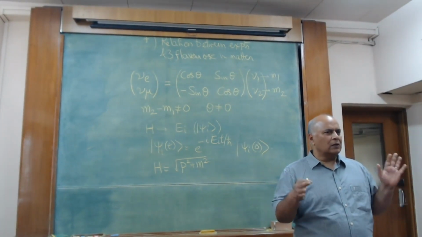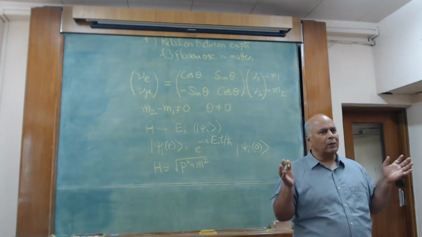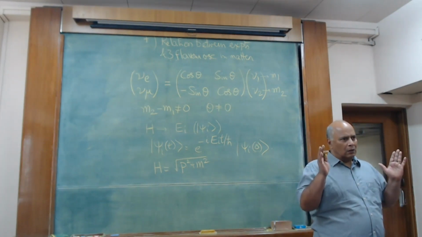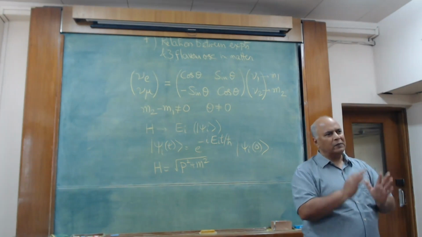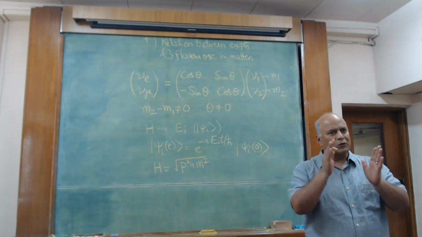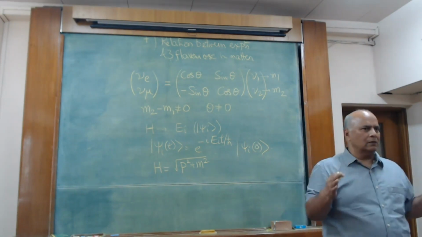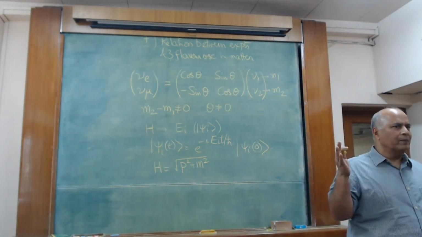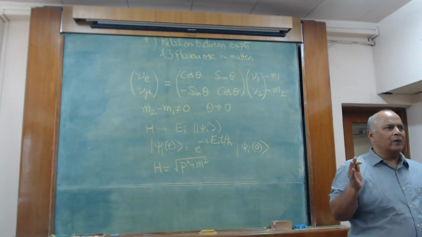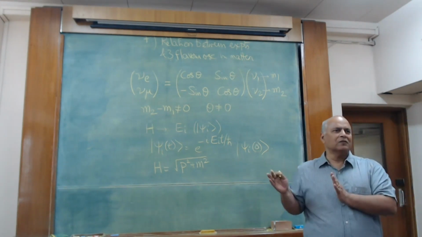Such operators are called Casimir operators. So a Casimir operator commutes with each of the generators. Jx, jy, jz are the generators of rotations, and this Casimir operator j square commutes with each of them.